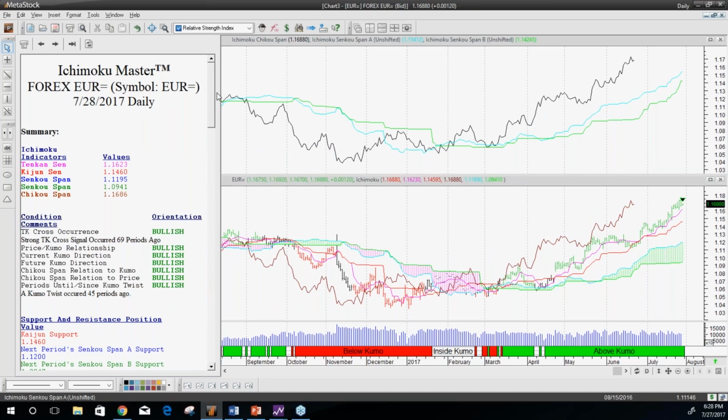Okay, so here what we have is the current information that it's giving you on Ichimoku Master, at least as far as the euro. We're using the euro as the example. In general, you can do what you want. I would recommend you probably don't do the things that a lot of people would say, like stay out of penny stocks because they just don't move the way that clouds would work.